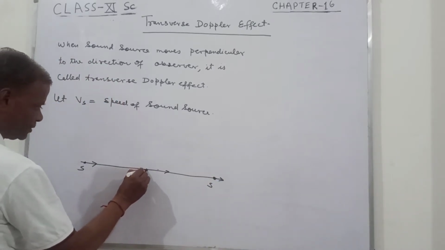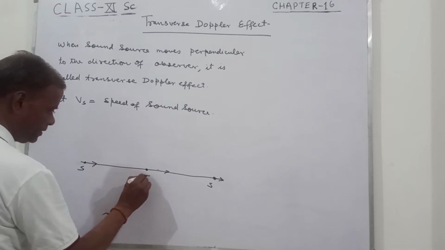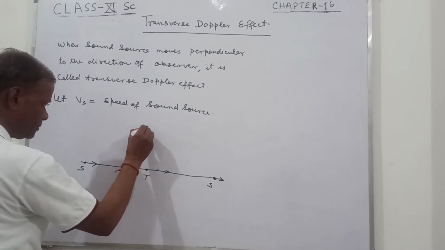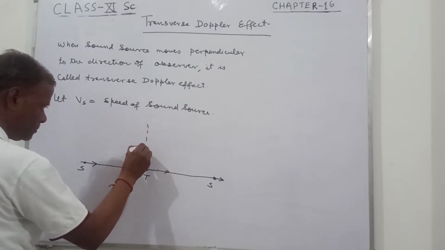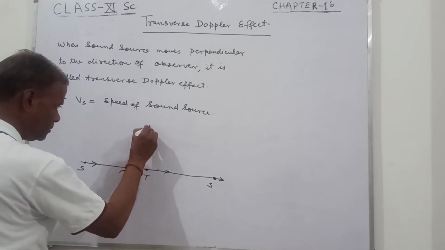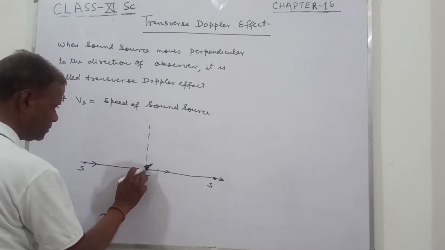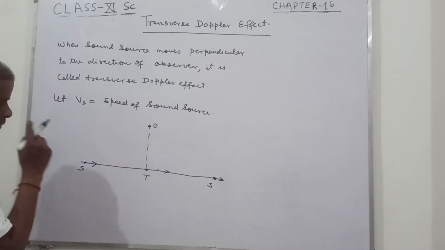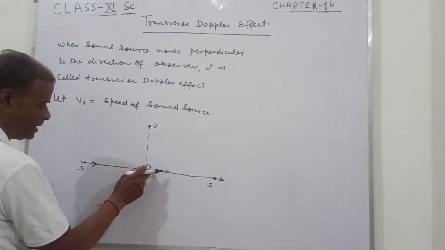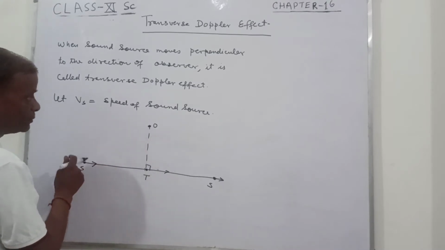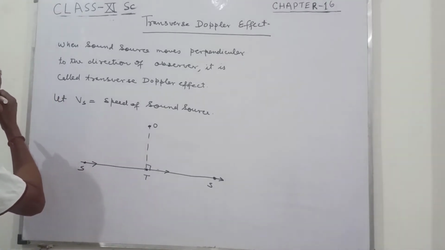Suppose the point T we take here. This is the observer O. You can see that this is 90 degrees and the observer is constant, so V0 is equal to 0.